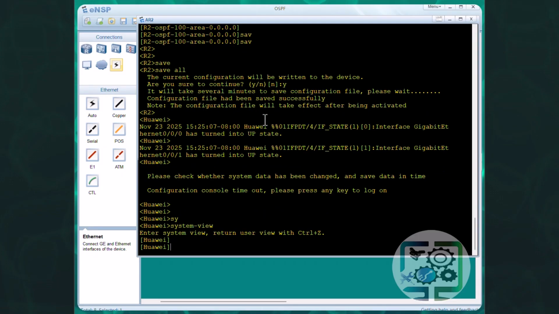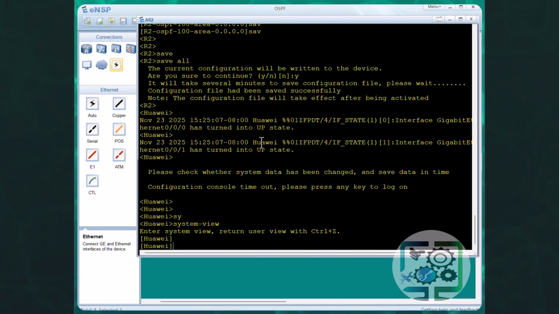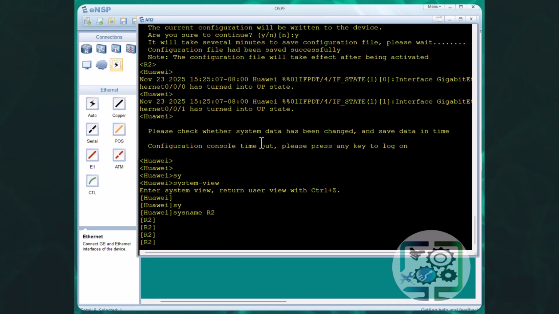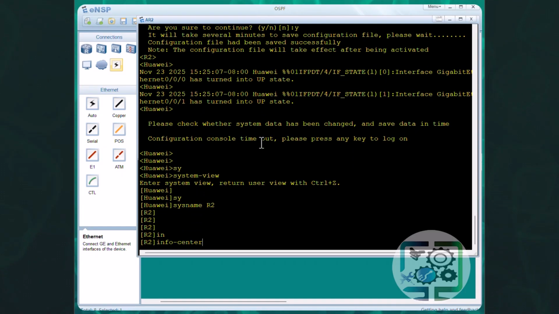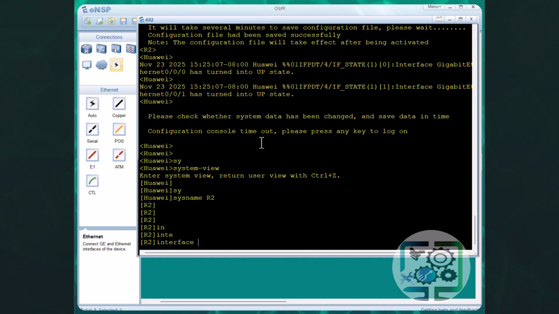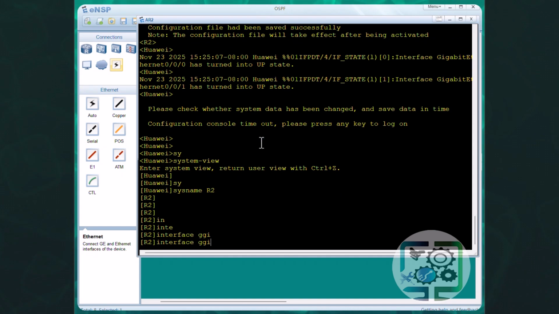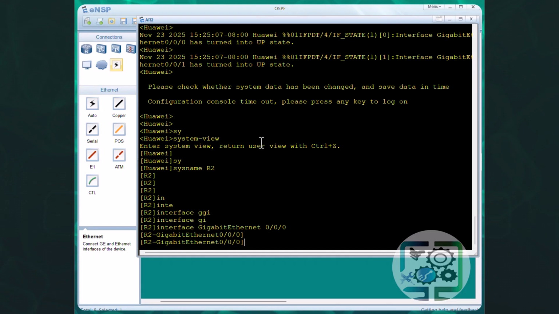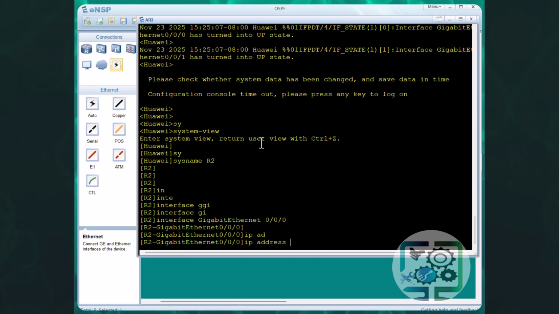Similarly, we will configure sysname R2. We will configure interface gigabit Ethernet 0/0/0 and its IP address, which will be 192.168.10.2.